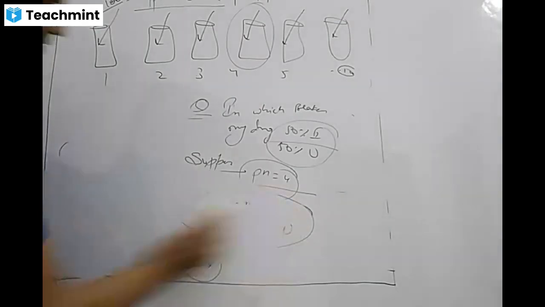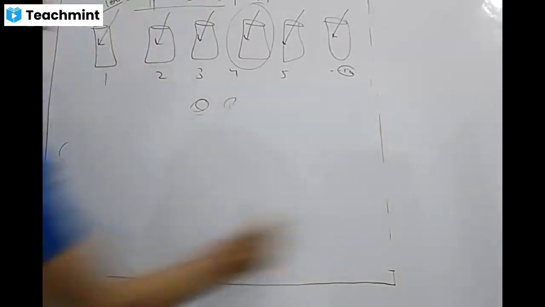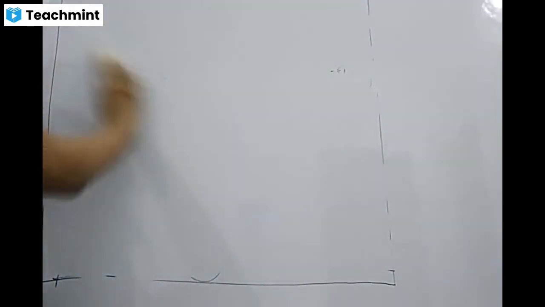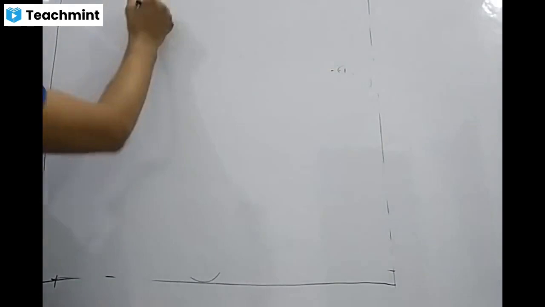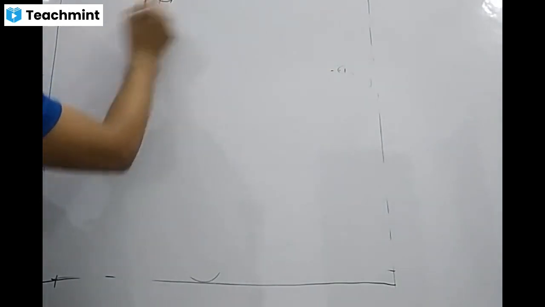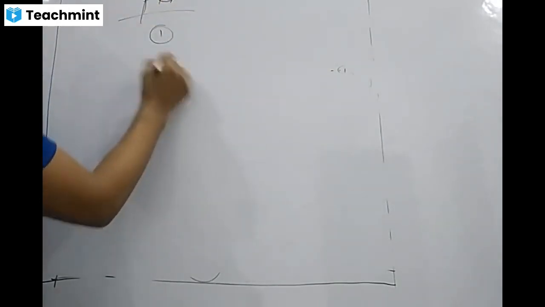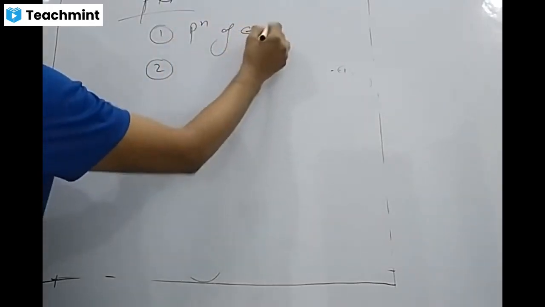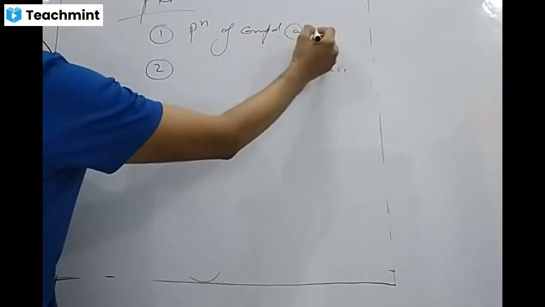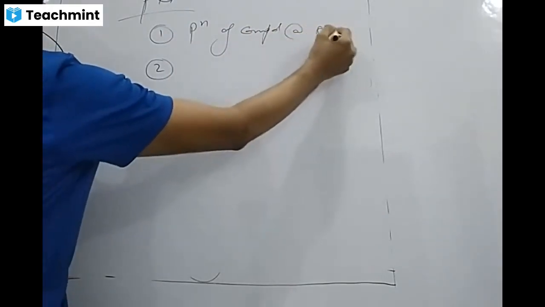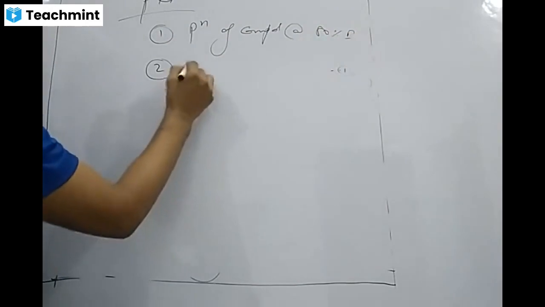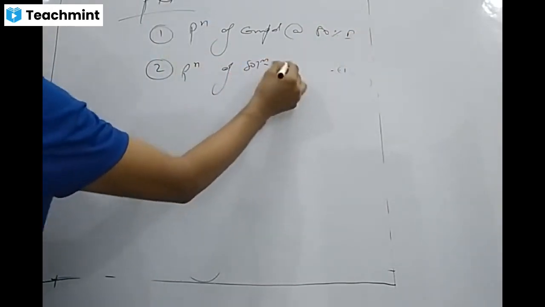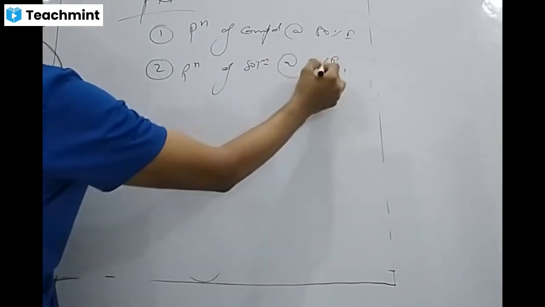If you read my module, one MCQ they have asked is the definition of pKa. In that there are two options. Option one: pKa is the pH of a compound at which my drug is 50% ionized, and second option: pKa is the pH of a solution at which 50% is ionized.